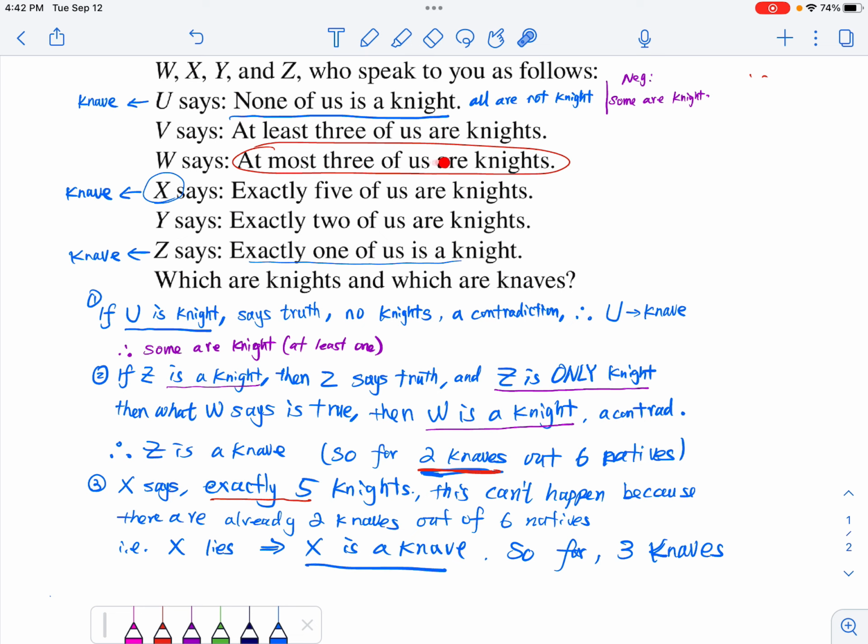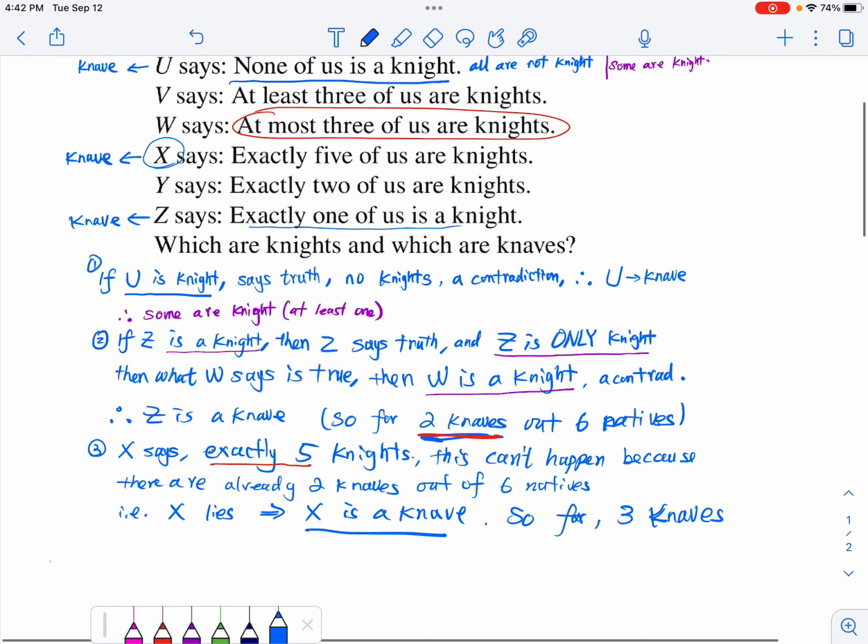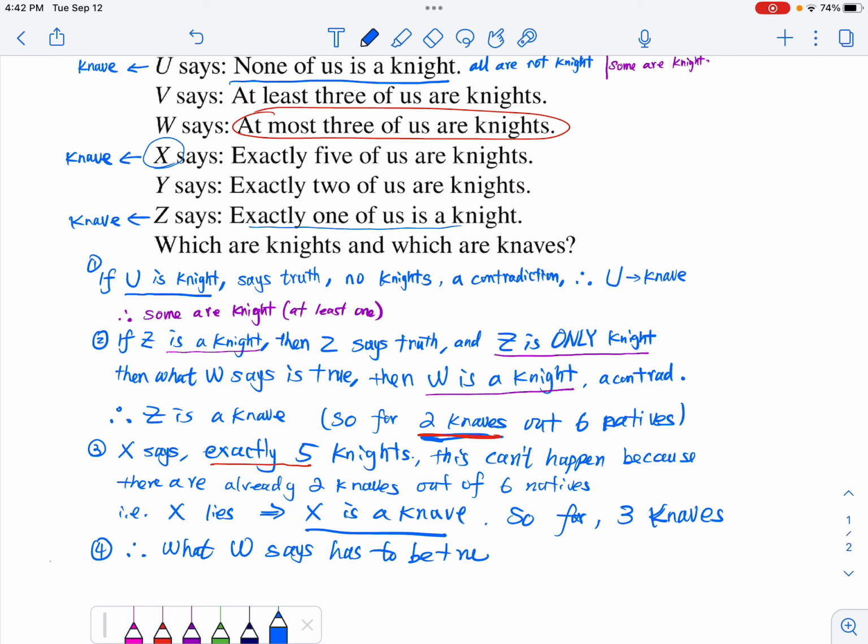So therefore, at most 3 of us are knights has to be true, right? So this is step 4 now. Therefore, what W says has to be true. In other words, W is a knight, right? So we do know that this is the first knight that we see.